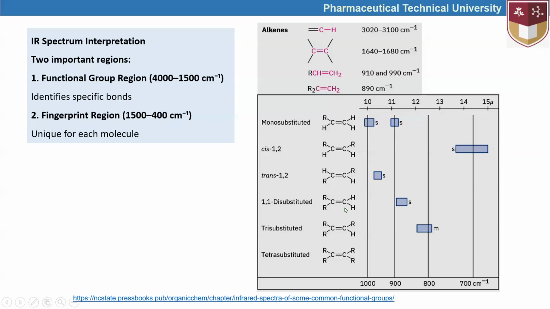Yeah. Or if they are not cis, they are trans, for example. The vibration might be shifted to 1,000 to 950, 960 as the middle number, yeah, as the median number.